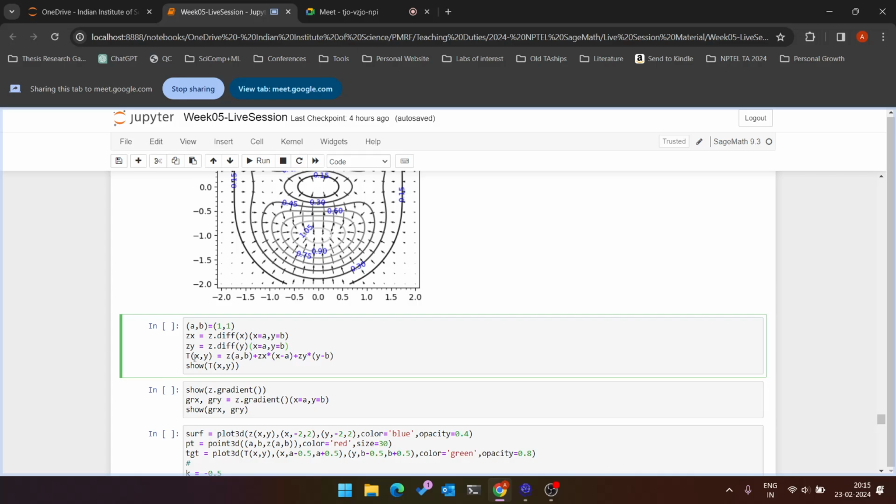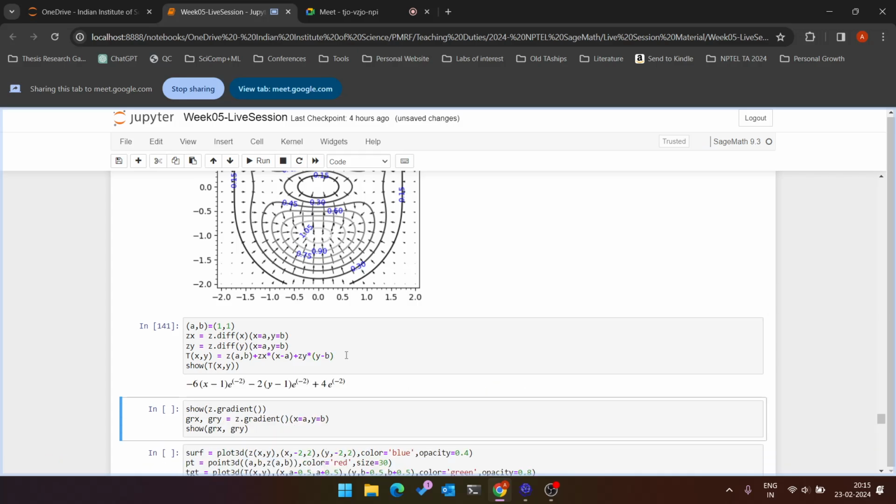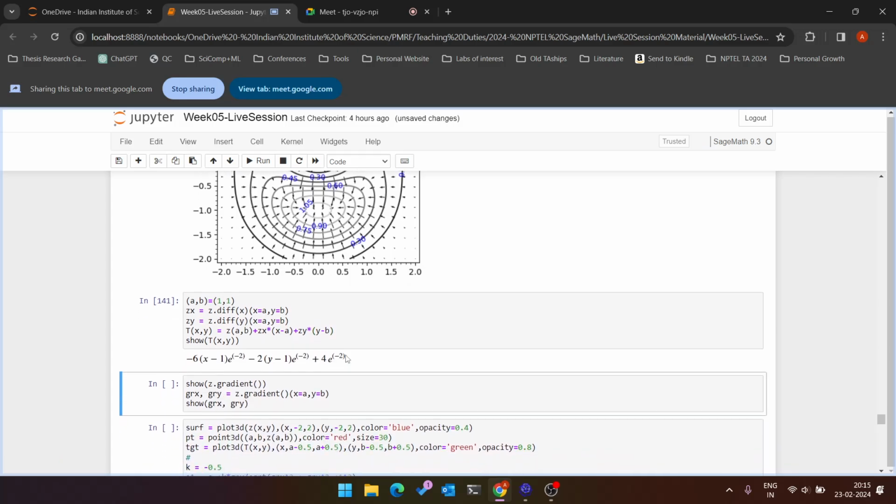This will give us the expression for the tangent plane, which is nothing but the function value plus the first derivative into x minus a plus the first derivative with respect to y into y minus b. So my expression ends up looking like this.